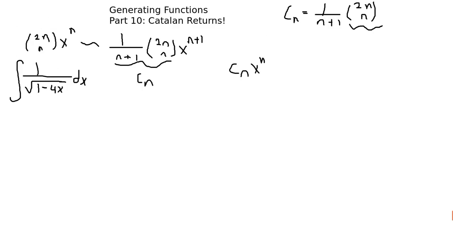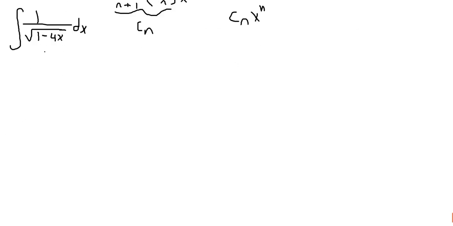So let's begin by integrating this. I thought this was some sort of fancy trig integral when I first saw it. It's been a while since I've done calculus, so I had forgotten that if you're integrating 1 over a square root and you have a linear function inside, it's actually super easy.